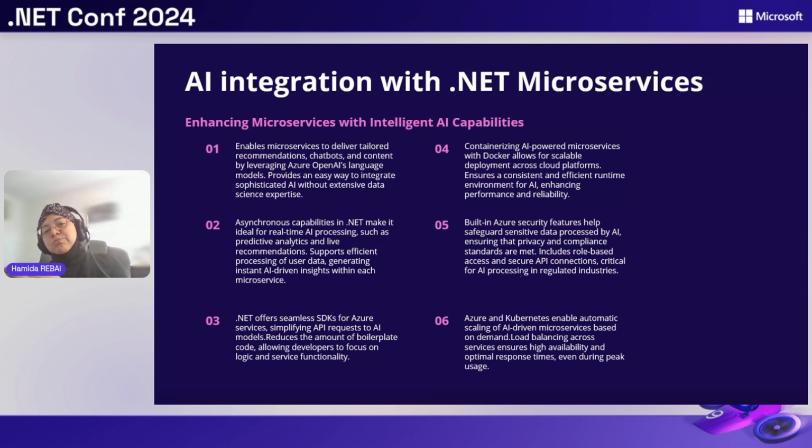We will talk next about containerization. Containerization comes here to add another layer to simplify and make the application more scalable. So for containerization of AI-powered microservices, we use Docker to allow us to have scalable deployments across a cloud platform. We know that Docker is supported by most cloud providers, which means that we are able to deploy.